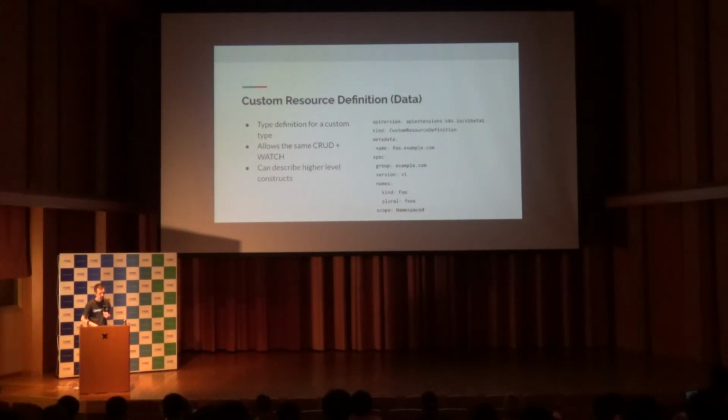And so you can describe higher level constructs, right? To take our example of memcache earlier, we might have a memcache cluster object, which describes a very specific type of application that we want to deploy. And this could be anything that you can think of, like other databases or whatever.